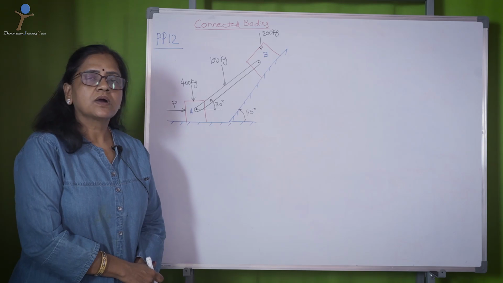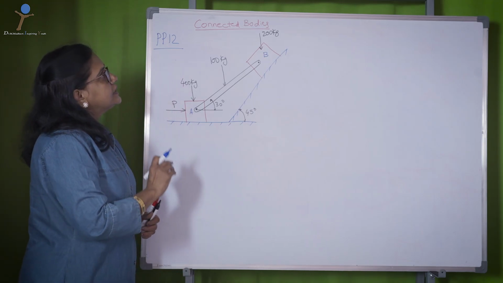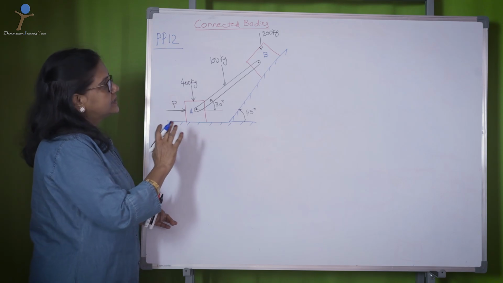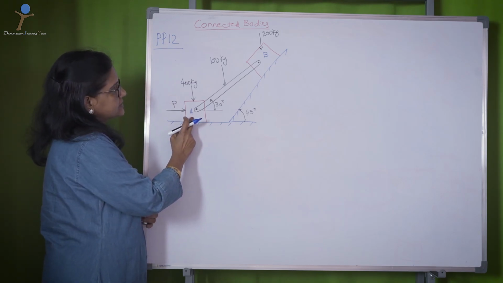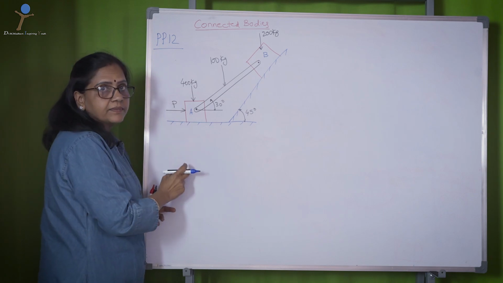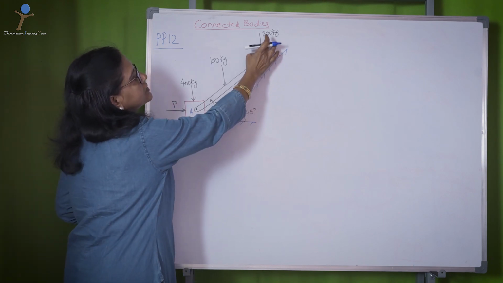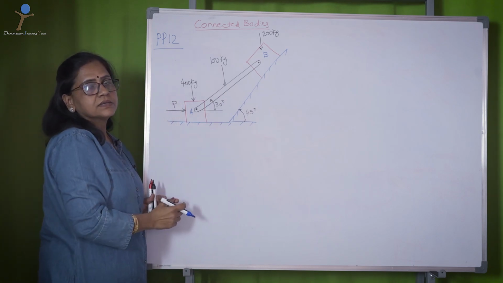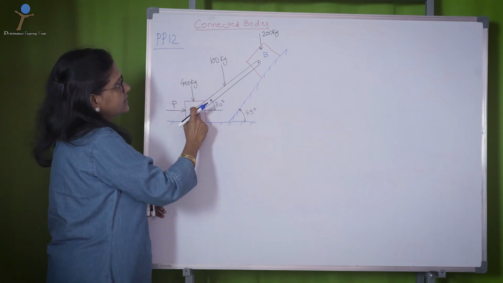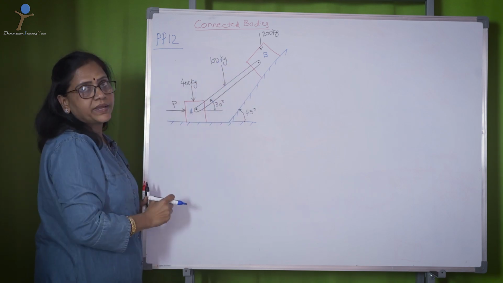Now let us understand the concept of connected bodies. The connected bodies majorly have three components. One is, suppose, block A, which is of 400 kg, and block B of 200 kg. Two heavy objects are connected with another heavy object which is of 100 kg weight.